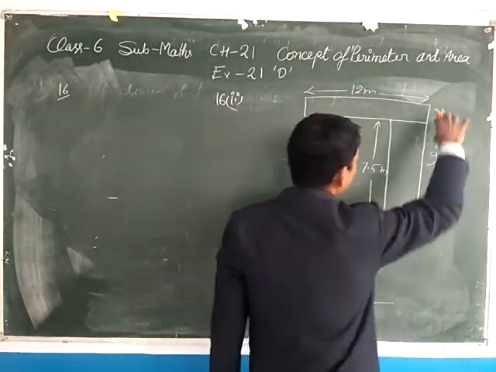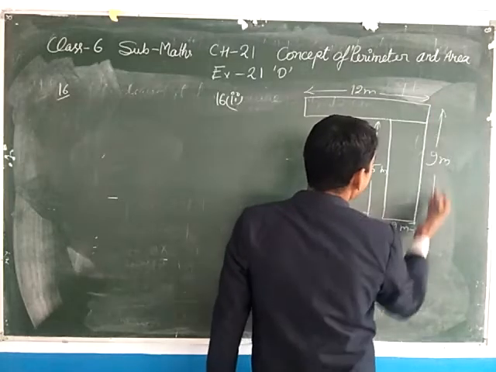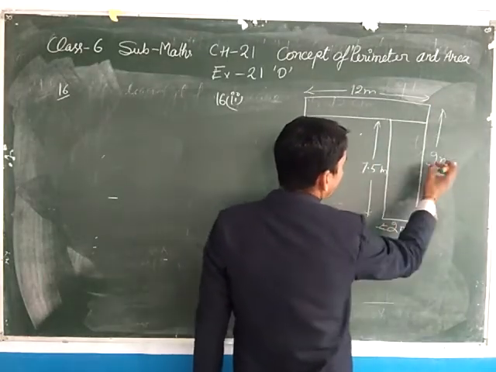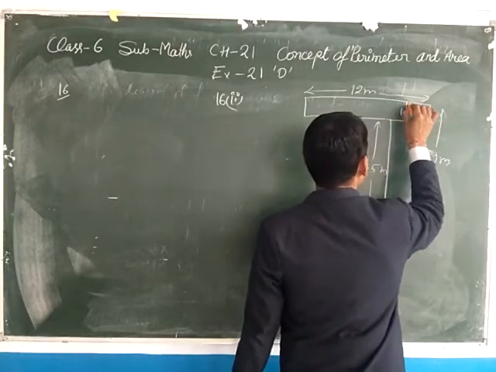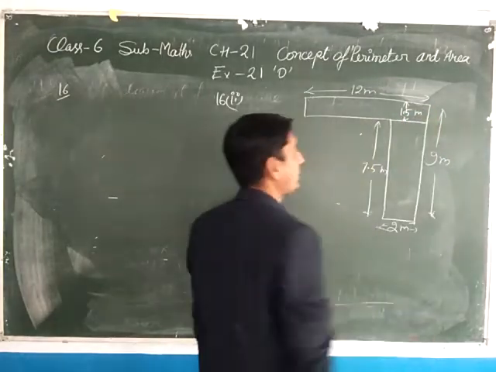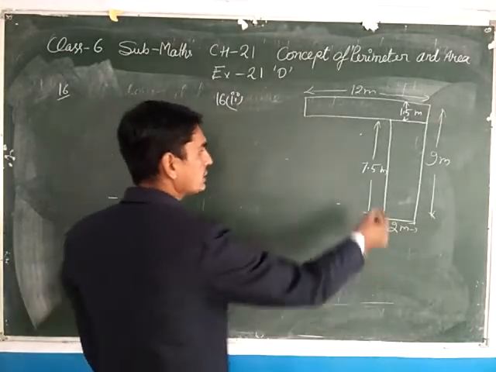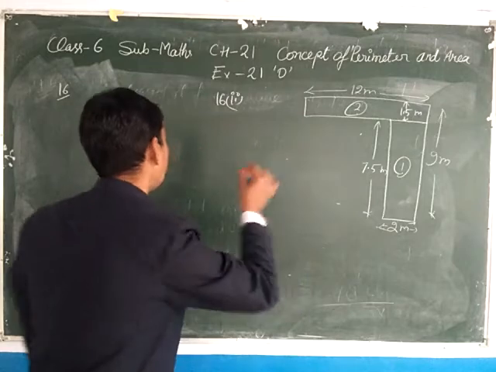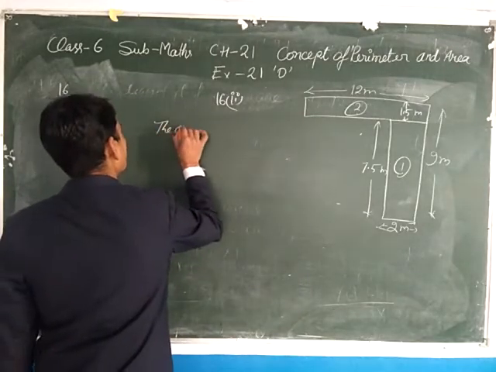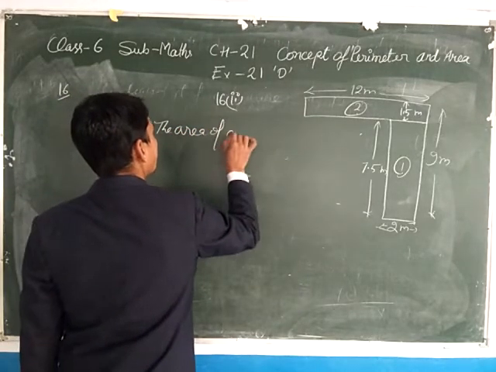But it stands: this is complete 9 and this is 7.5. So 9 minus 7.5 is just 1.5. This breadth is 1.5 meter.